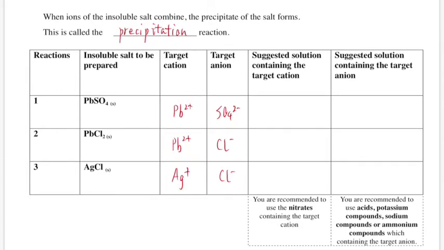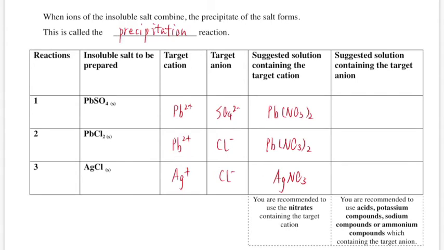The best choice here is a nitrate salt, because all nitrate compounds are soluble. So to be safe, you just need to put lead-2 nitrate for the first two, and for the last one, silver nitrate. They are all soluble solutions that contain the target cation.